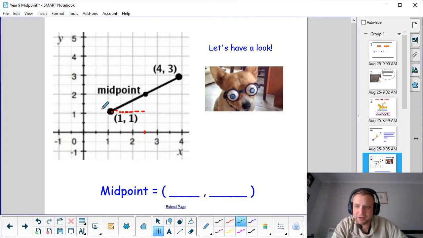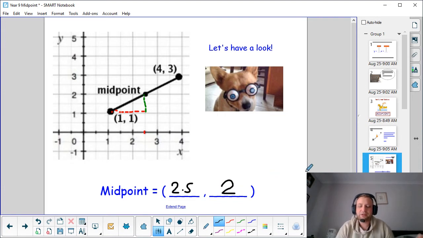So halfway up from 1 to 3, hopefully you guys know in the middle of 1 and 3 is 2. Right, so that's going to give us our answer. Our answer will be a coordinate for this question. So the x coordinate will be 2.5 because it's halfway between 1 and 4, and the y coordinate would be 2. Right? So if we've got a graph, we can pretty much see what's halfway between something and something else, right? We just go halfway across and halfway up.